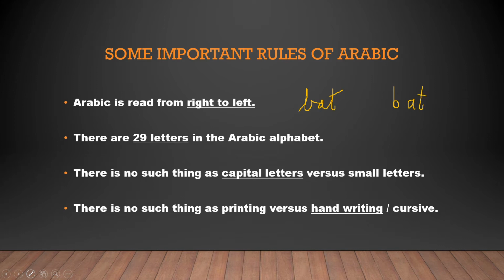Now, in Arabic, whether you print it or you write it, it will look the same way. So, baitun will look like this, whether I write it with handwriting or I type it. With that said, let's move on and learn the Arabic alphabets.